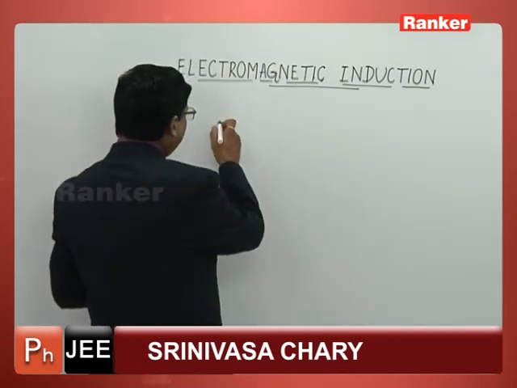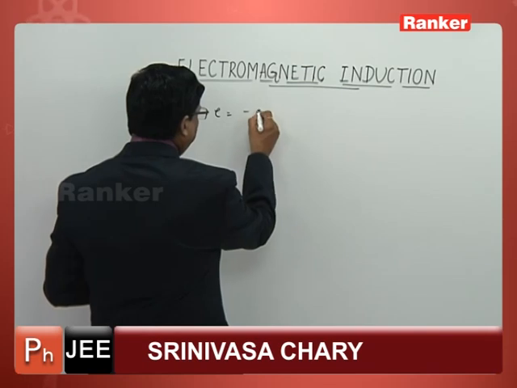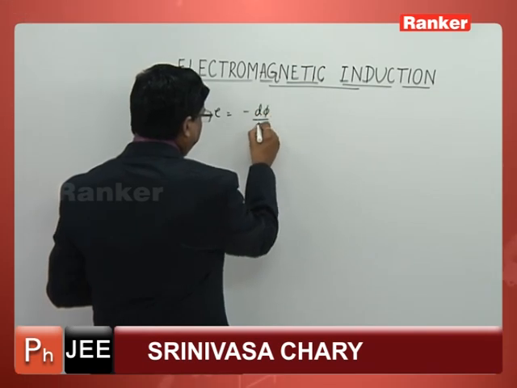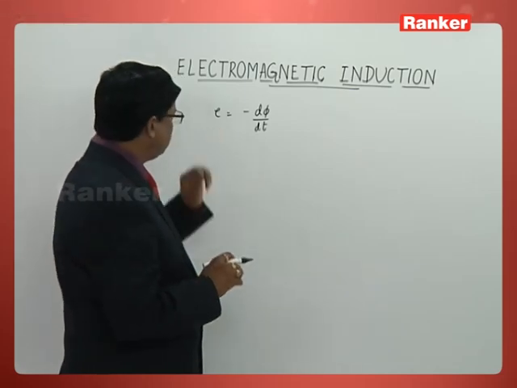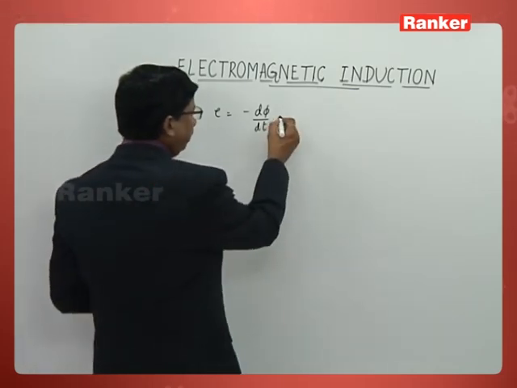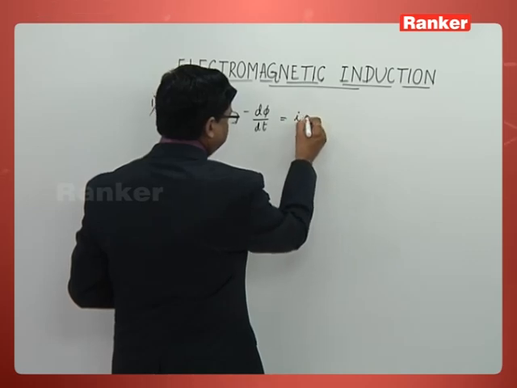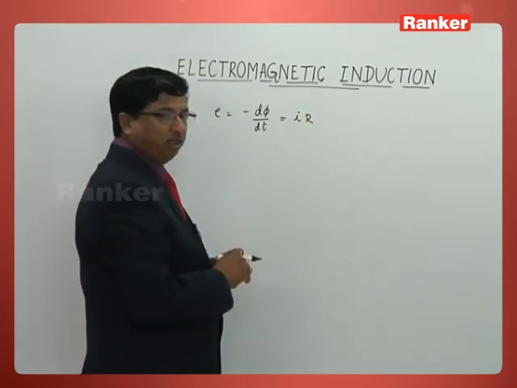So when we talk about E is equal to minus d phi by dt, this E, being the induced EMF, can now be written as IR in terms of Ohm's law.